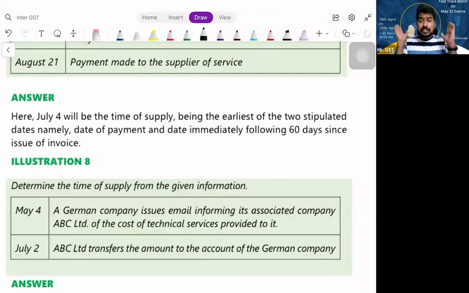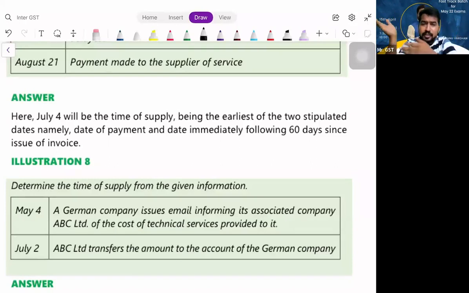That means it will happen somewhere later. So what is the time of supply? July 2, obviously.